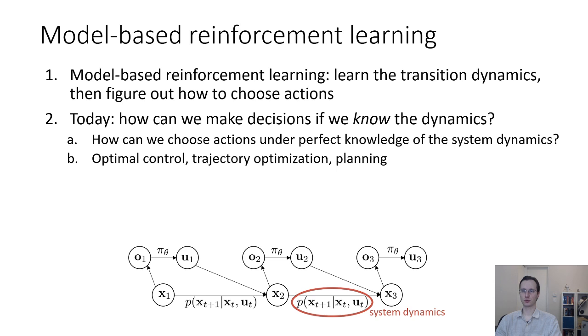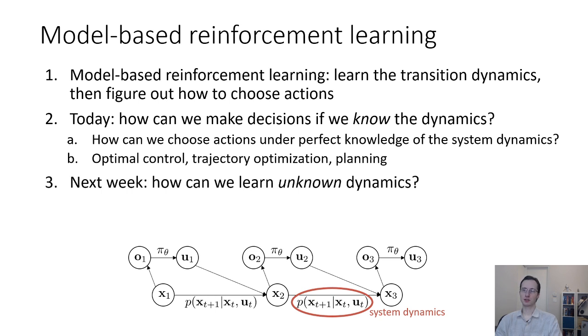Optimal control refers to the more general problem of selecting controls that optimize some reward or minimize some cost. So trajectory optimization can be viewed as a way to approach the optimal control problem. In fact, arguably, all of reinforcement learning really is tackling the problem of optimal control from the perspective of learning.